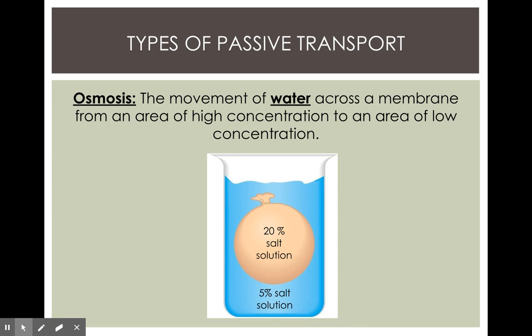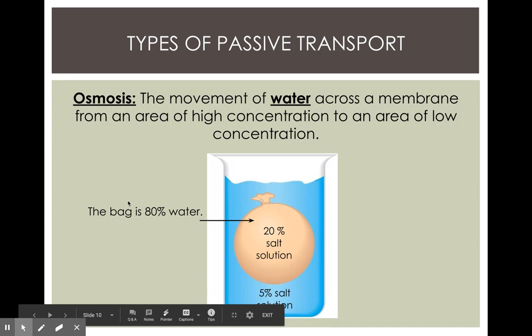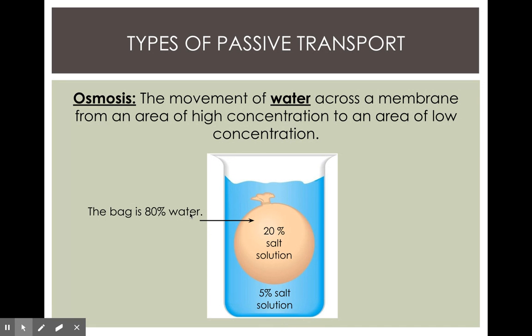I need to do some math because I'm wondering about the movement of my water. So the first thing that I need to do is the bag is going to be 80% water. How did I figure that out? I know that it must be 100% minus 20% is 80%. Okay, so if it's 20% salt, 80% water. You just need to do some simple math.